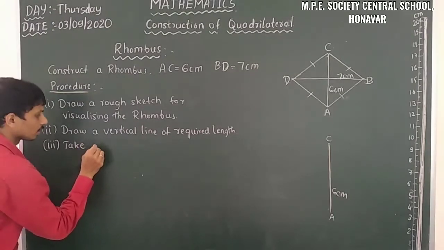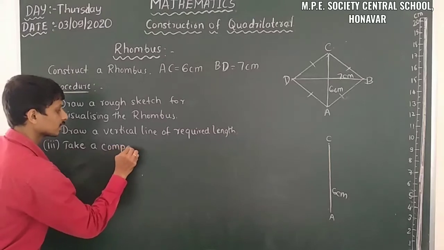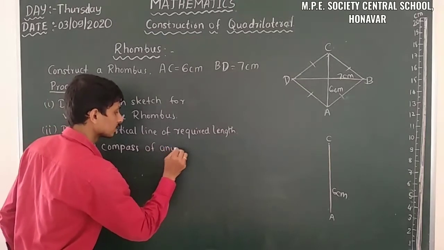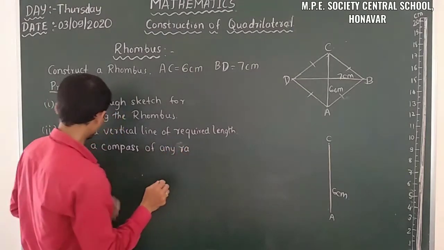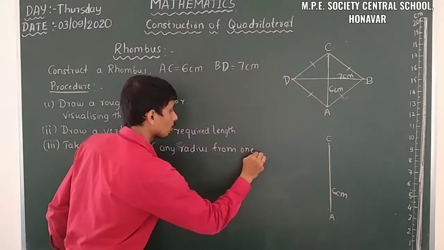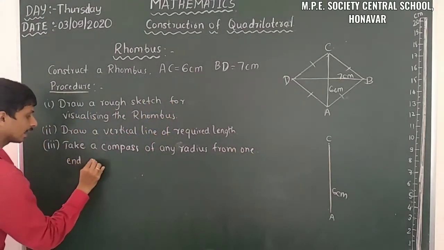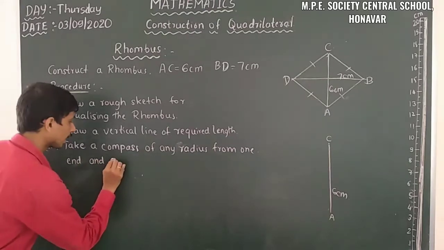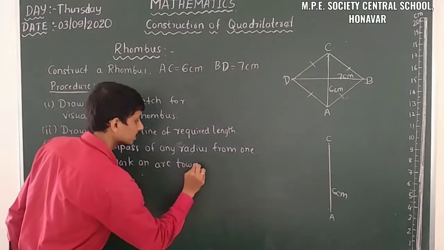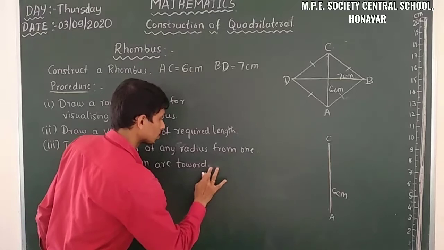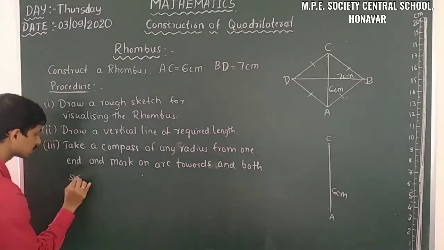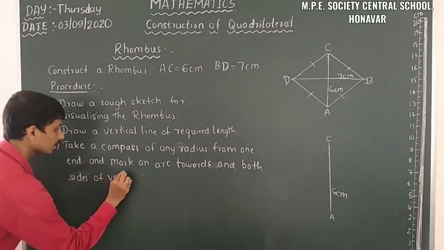Take a compass of any radius, from one end, and mark an arc towards both sides of the vertical line.